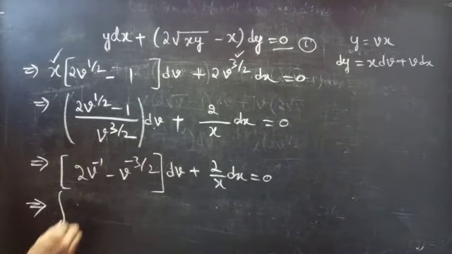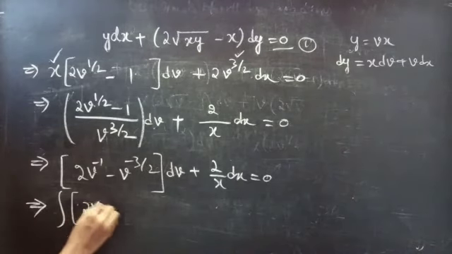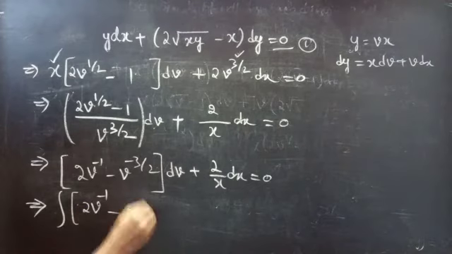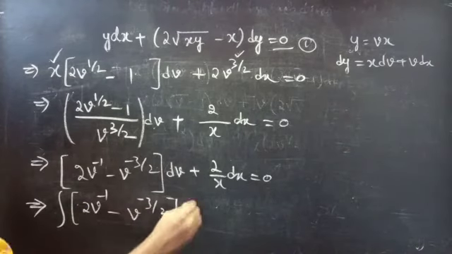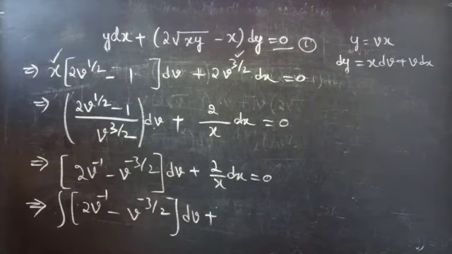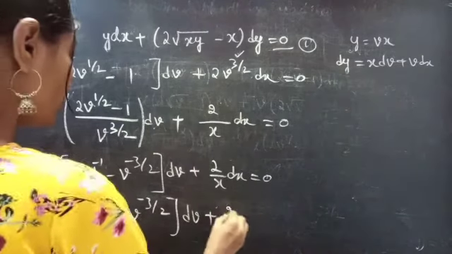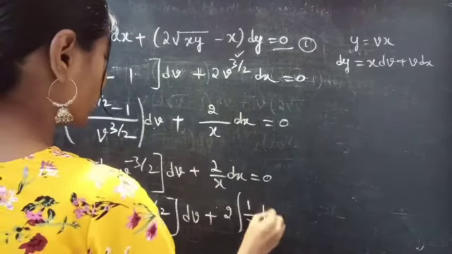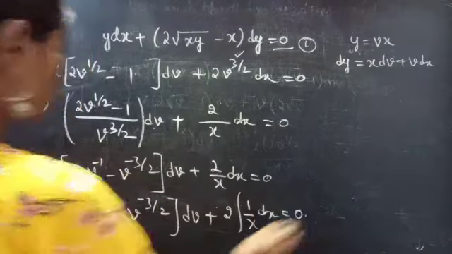When integral 2v inverse minus v power minus 3 by 2 into dv plus 2 into integral 1 by x dx equals to 0.